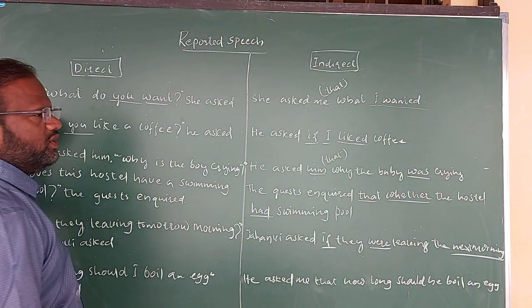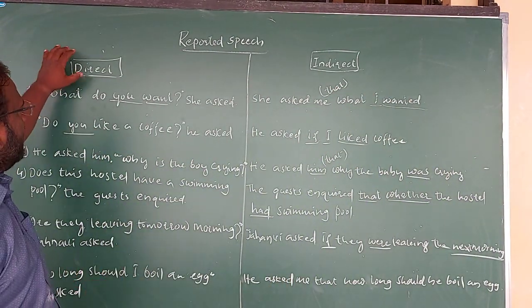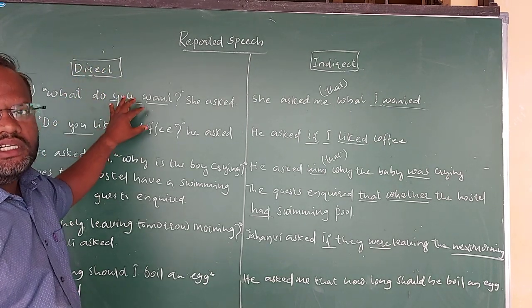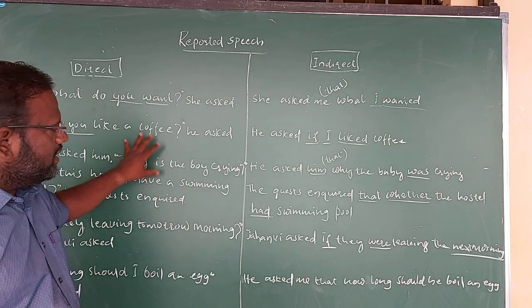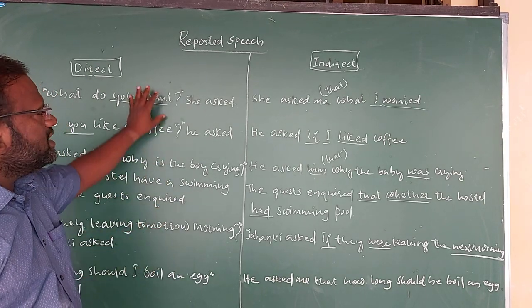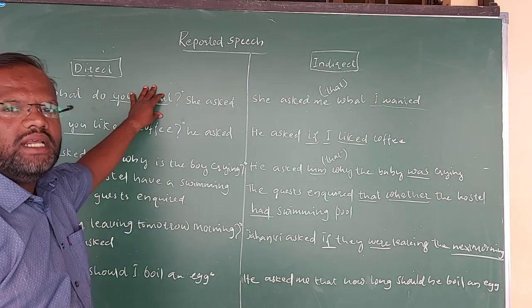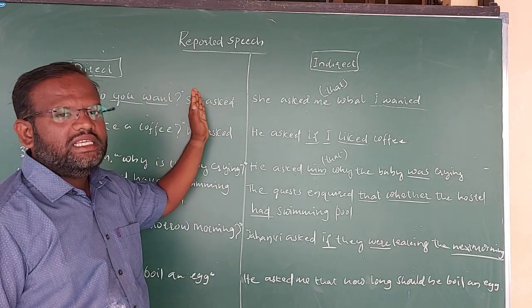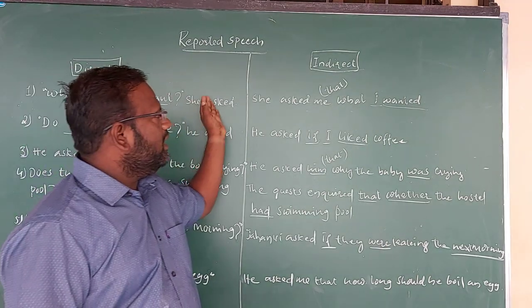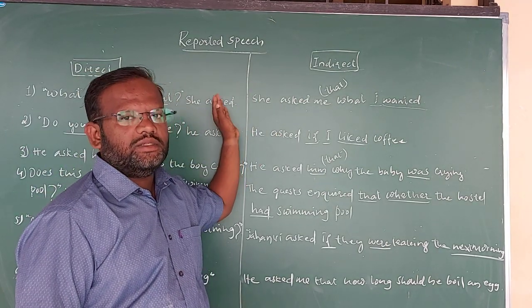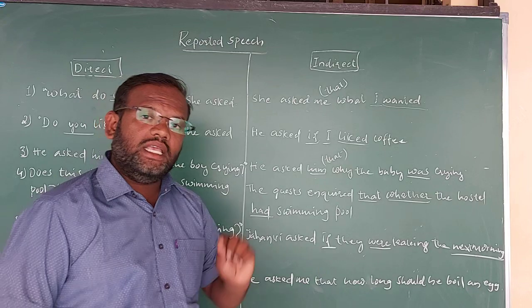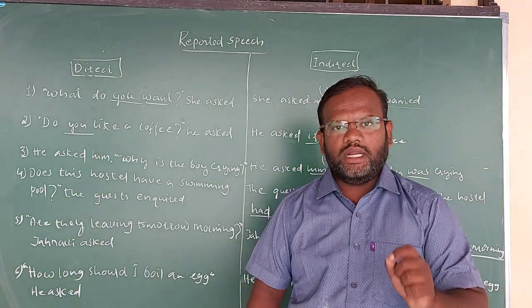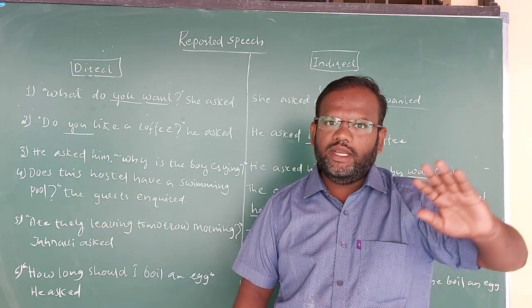So let's concentrate on example number 1 in the direct speech. Whenever we are concentrating on reported speech, we have to understand which tense it is in. After understanding the tense, it will be easy for us to change from direct speech to indirect speech. Not only the tense, we also have to concentrate on the pronouns, and how they change from direct to indirect speech.